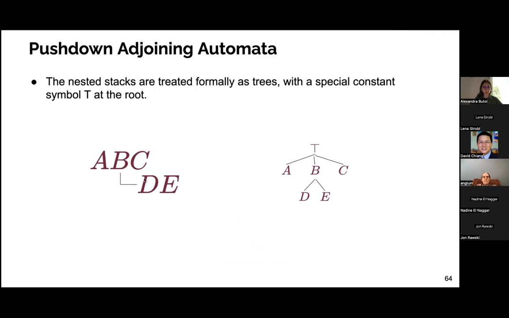So this stack that I've shown before, ABC, would actually have a tree that has this topology. We have ABC, where A is on the left, and B is augmented with two other symbols, D and E.